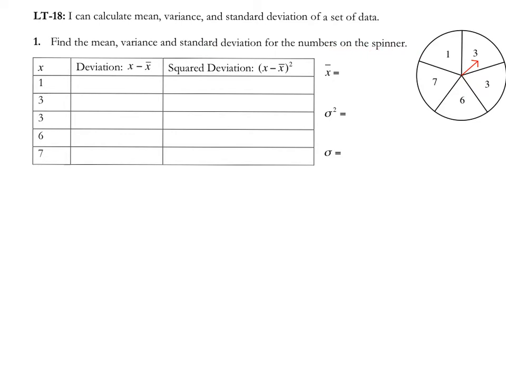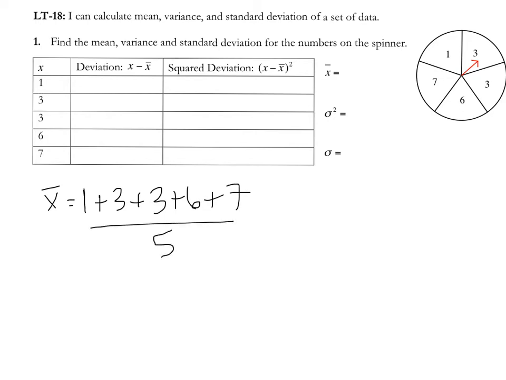So to calculate the mean, when you're just given a set of data without special frequency information, all you have to do is add up the numbers and divide by the number of numbers that there are. So in this case, to find our mean, we have to take all of our numbers and add them up, and then divide by the number of numbers there are, which is 5.